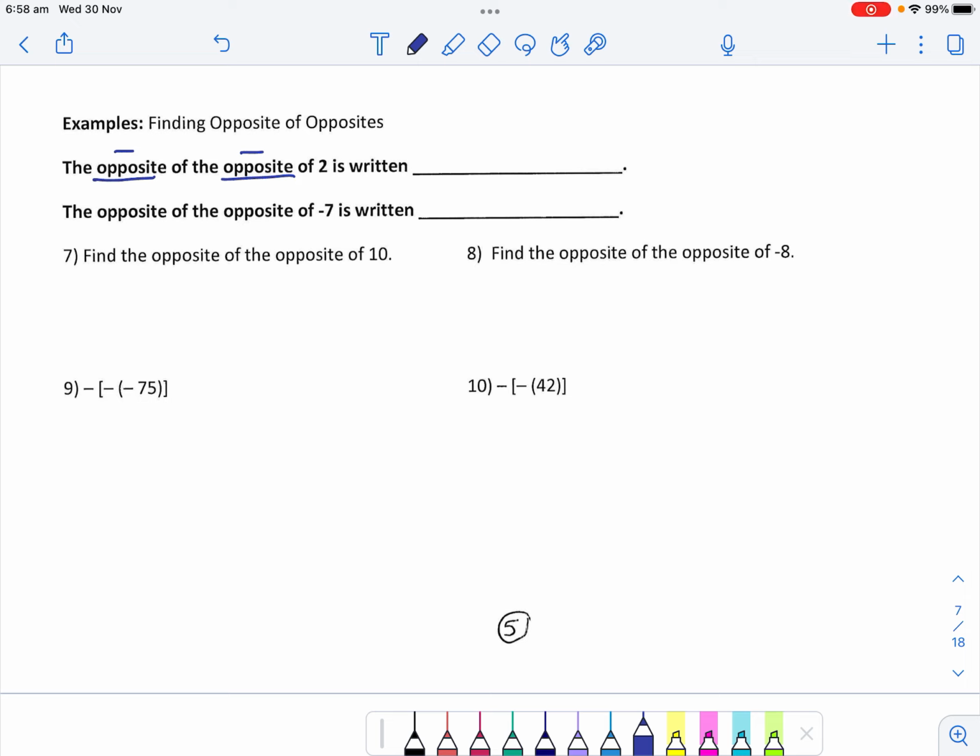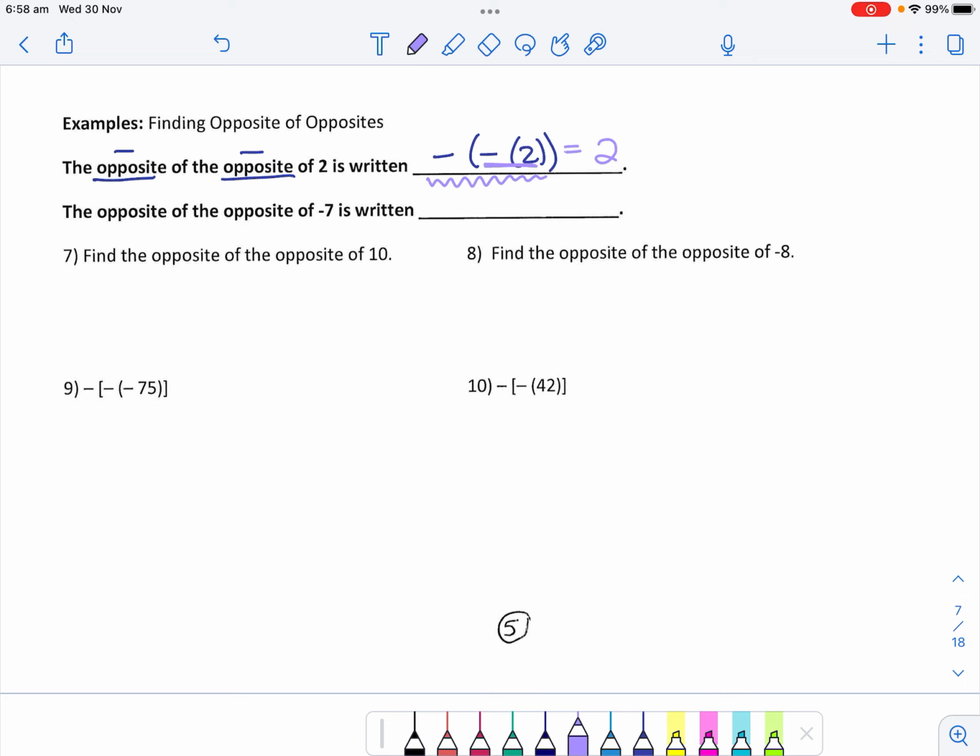So I'm going to say the opposite of the opposite of 2. And then you evaluate from the inside out. So the opposite of positive 2 is negative 2. The opposite of negative 2, so that's the entire expression, is going to be positive 2.